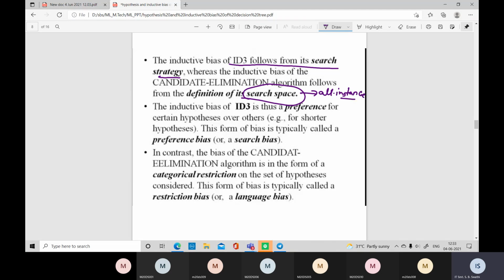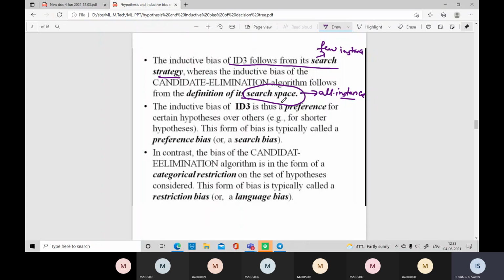Here only a few instances are checked because we are traveling through only one path, either the left node or the right node. Whereas in the candidate elimination algorithm, whenever a new instance is given, to predict its output value we have to check it against all the existing instances. That is called search space.